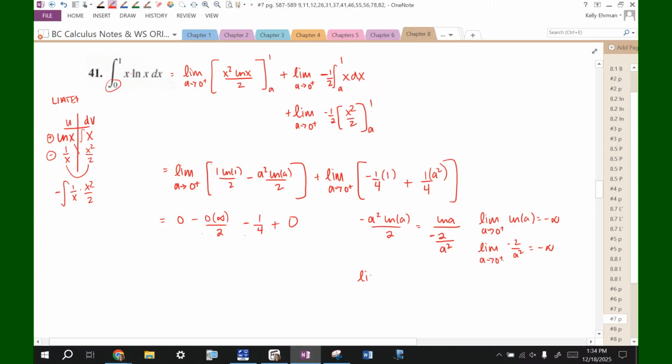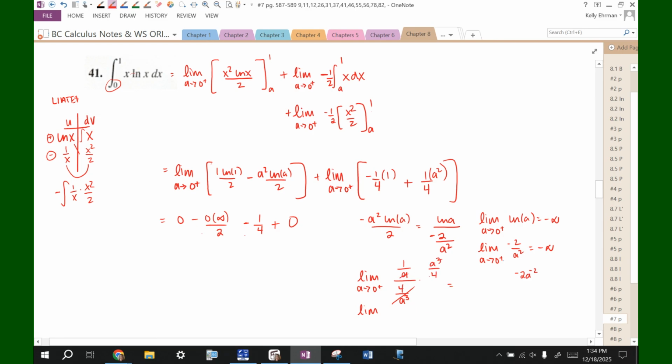So that means that that's equal to the limit as a approaches 0 on the right of the derivative of the top over the derivative of the bottom. Derivative of ln a is 1 over a. Derivative of negative 2 a to the negative 2 is 4 a to the negative 3. And that simplifies to a cubed over 4.